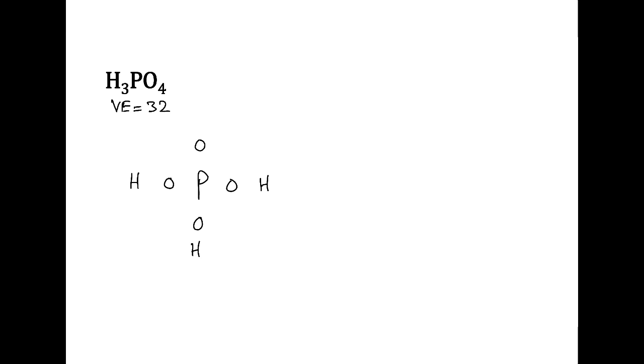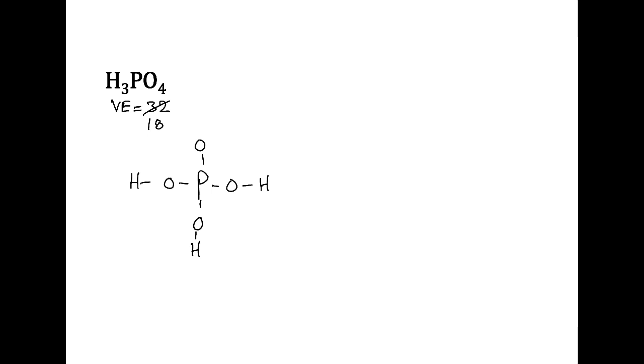So now I would go through and add my single bonds. So 2, 4, 6, 8, 10, 12, 14 valence electrons have been used up. So we're down to 18. Then you'd have to complete the octet on this oxygen without the hydrogen first, because it's a terminal atom. All of the other oxygens are central atoms because they're bonded to 2 or more things.